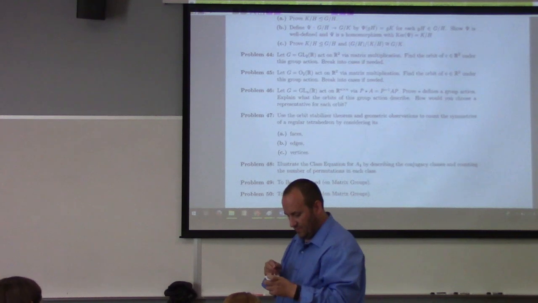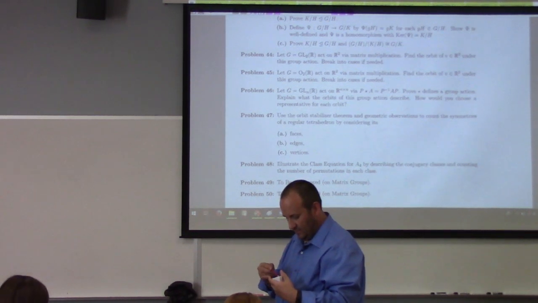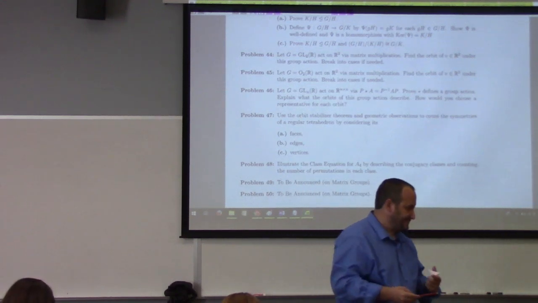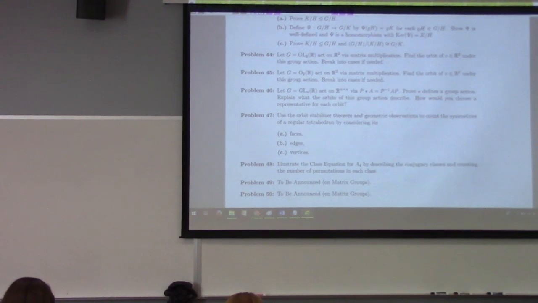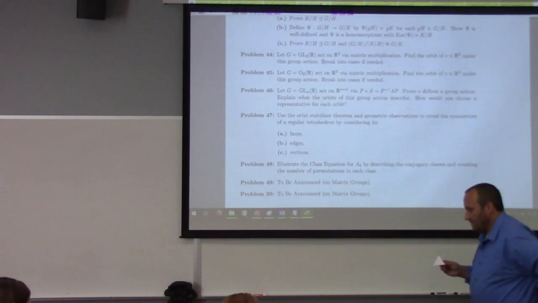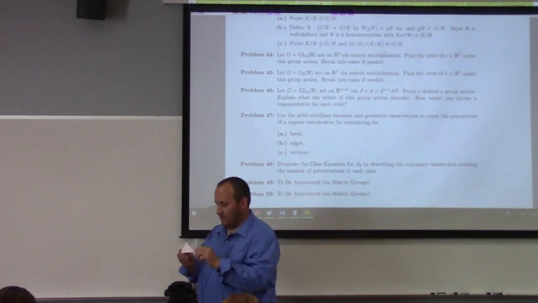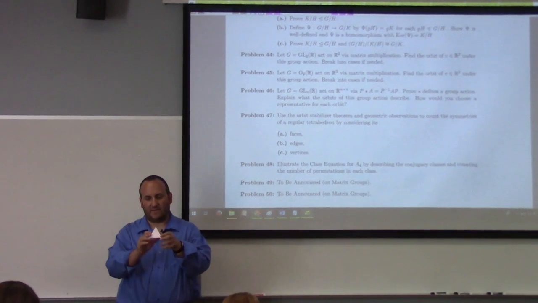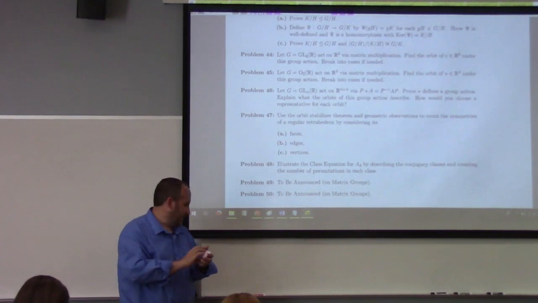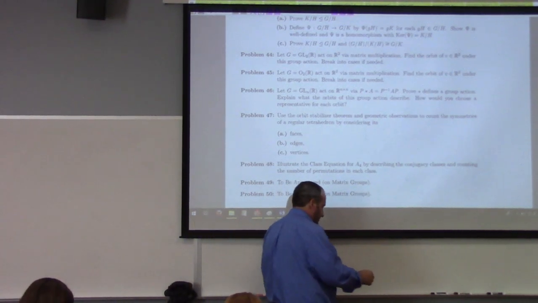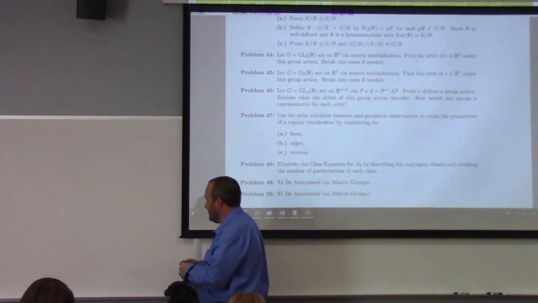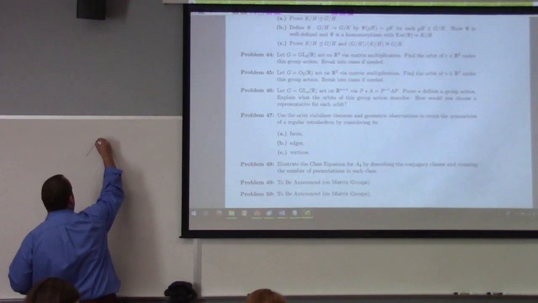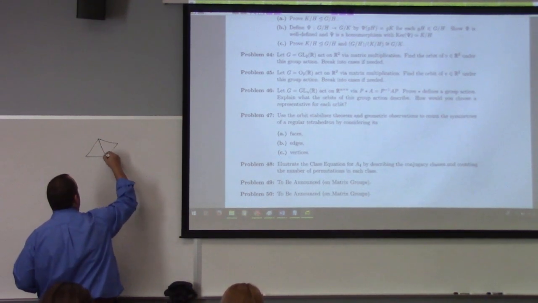So if we think about one of these faces on the tetrahedron, what I need to do, all right, so if we think about the set of faces on the tetrahedron, let's think about that. Here's my tetrahedron, badly drawn.